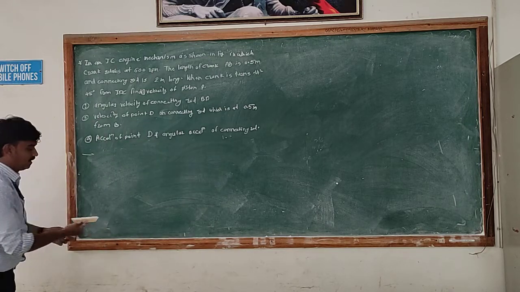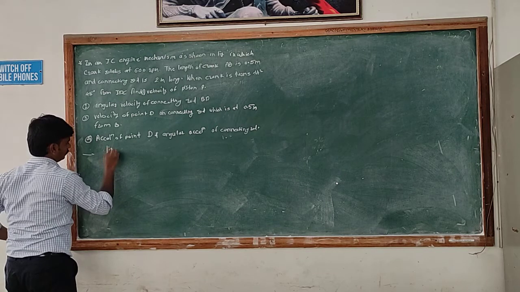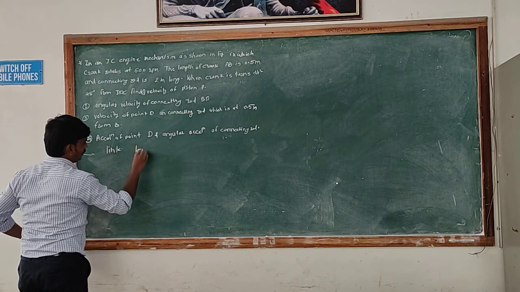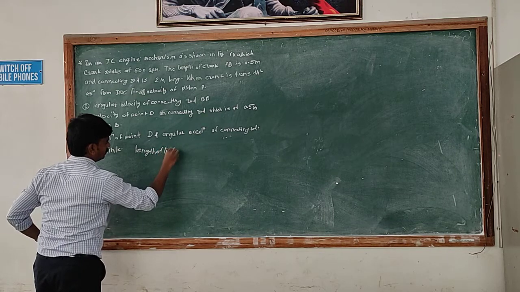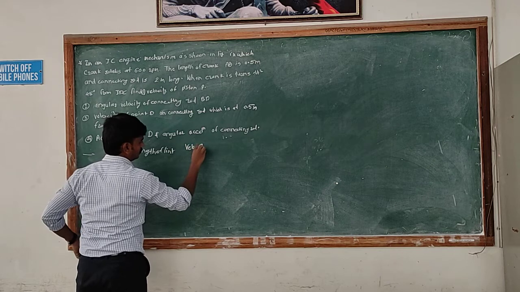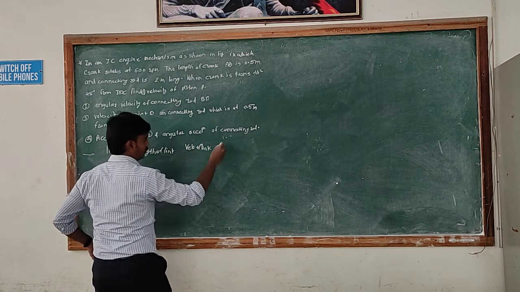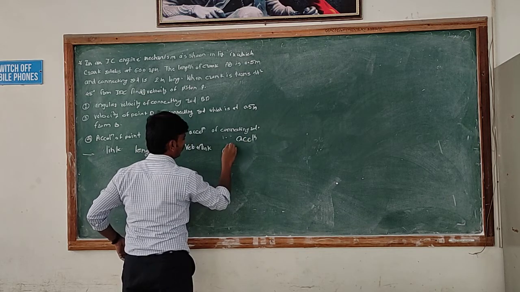It contains link, length of the link, then velocity of link, then acceleration of the link, that is normal acceleration.